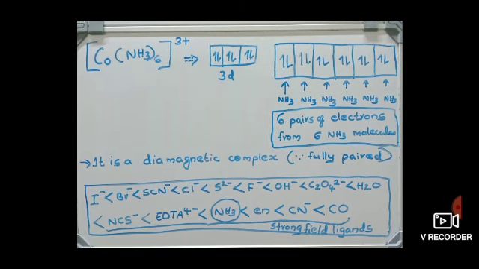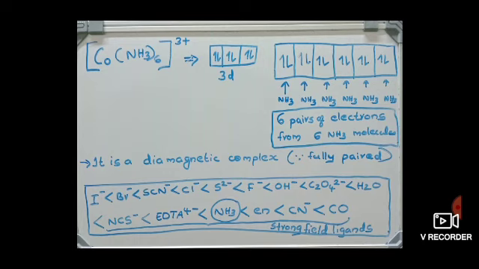So, we have 6 vacant hybrid orbitals and each hybrid orbital will take a pair of electrons from each ammonia molecule. It will get 6 pairs of electrons from 6 ammonia molecules and make bonds with ammonia.